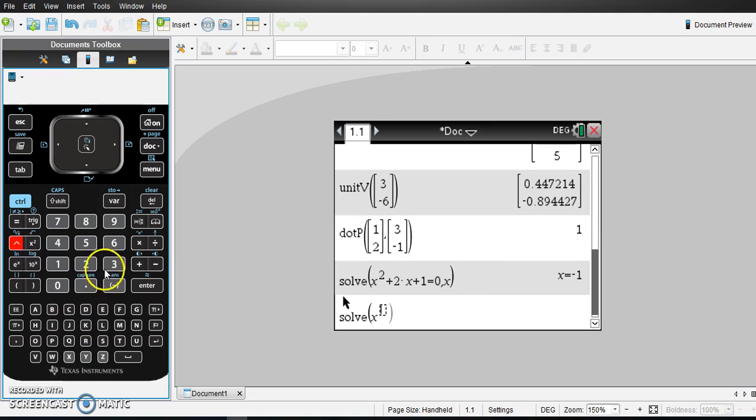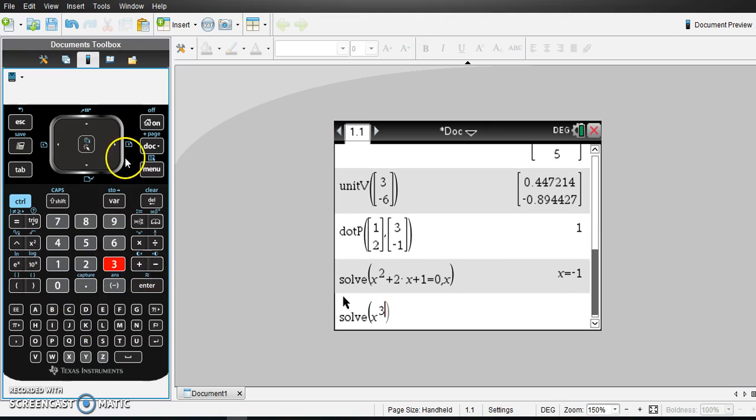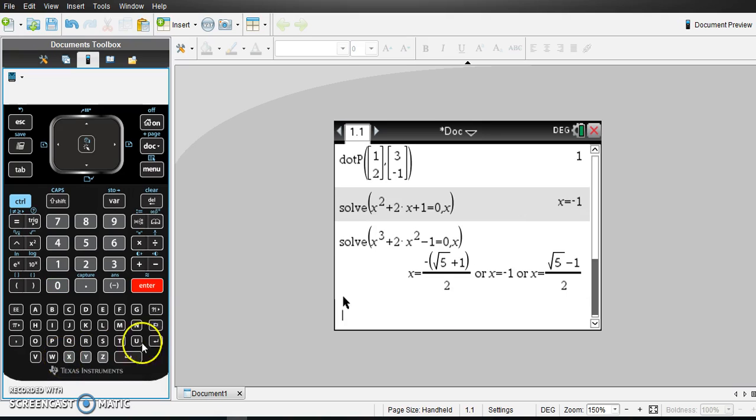Let's go for x to the power of 3 plus 2x squared minus 1 equals 0. And again, I'd like to solve that for x. And you'll see it gives me three results. x can be this number, or this number.